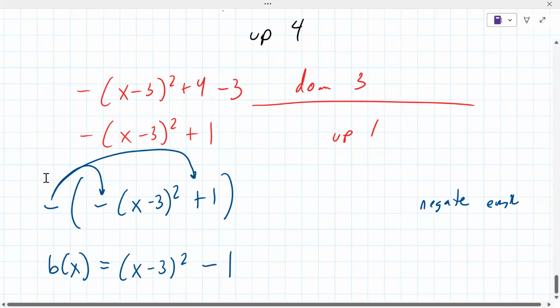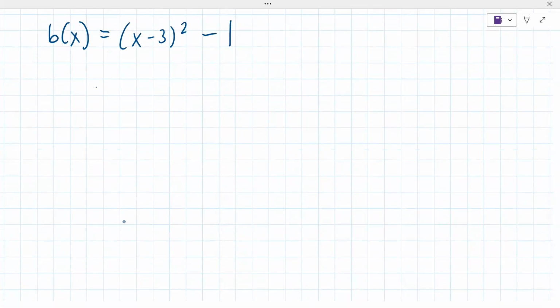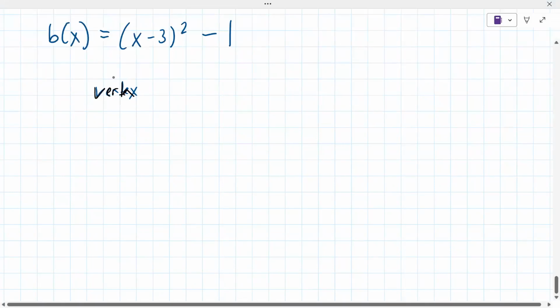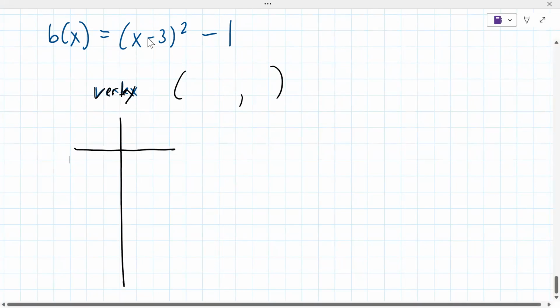Yeah. So there's your new equation. Now to graph it, you need to first determine the vertex. So could you give me the vertex of this? Is it negative 2, 4? We're looking at the new function. Oh. 3, negative 1.